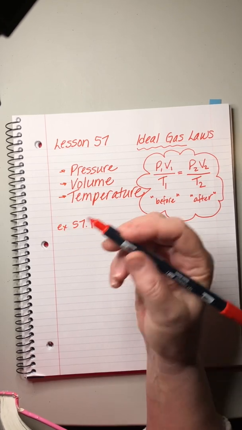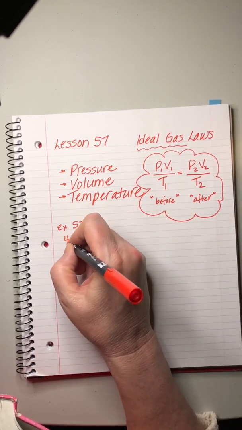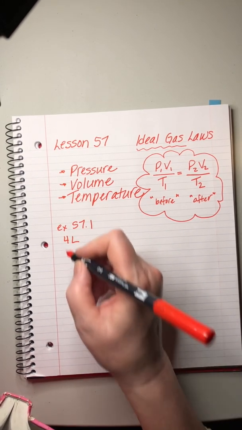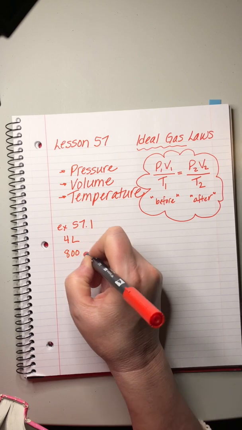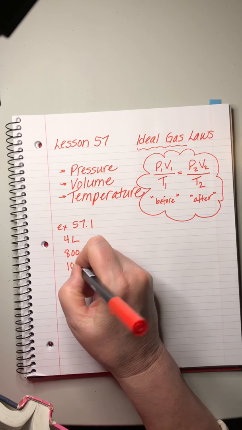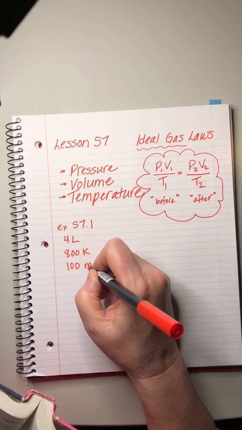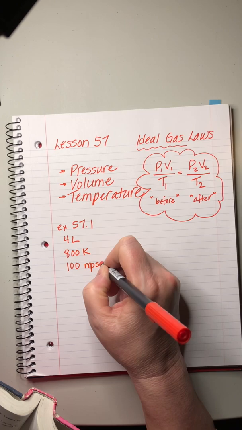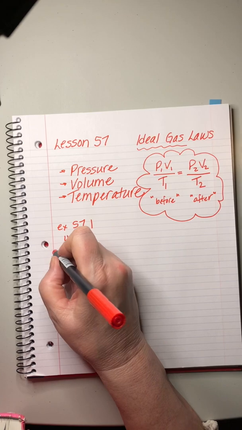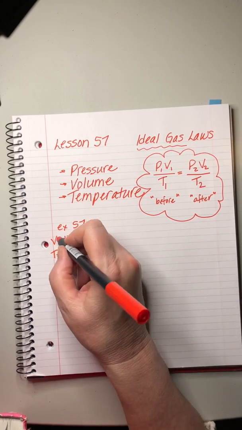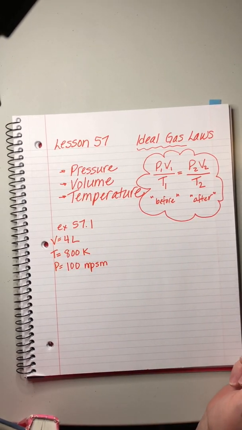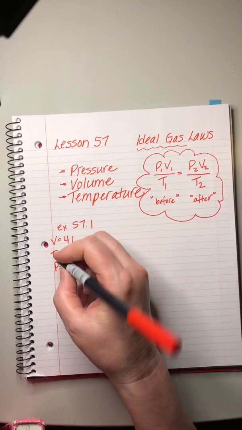Okay, liters, that sounds like volume to me. 4 liters of an ideal gas at a temperature of 800 kelvins had a pressure of 100 newtons per square meter. Now, I know for sure this one's temperature. I'm pretty sure this one's volume, and that means this one has to be pressure. And it says a pressure of. It's not that hard to figure it out, you guys. Don't sweat needing to know all those weird names.